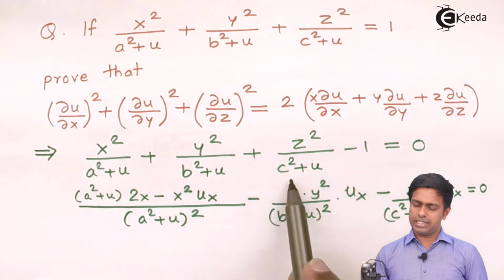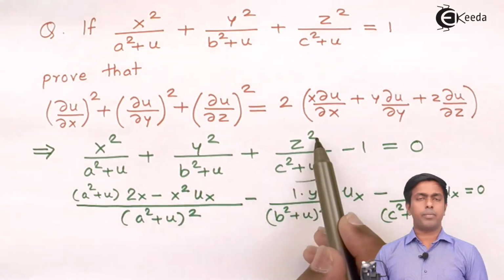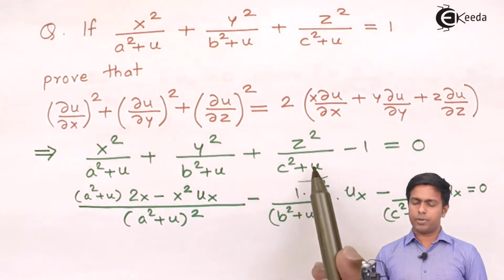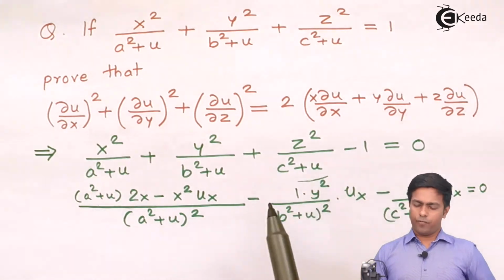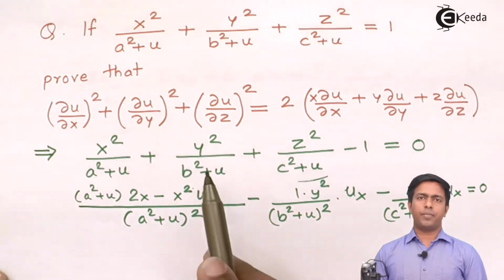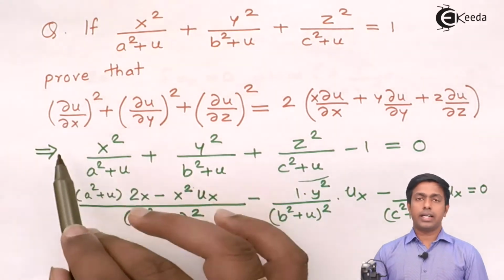Similarly, if I differentiate this term with respect to y, then z square will remain constant, and here we'll get the derivative as negative 1 upon c square plus u the whole square into uy, which is similar to this. And for the middle term, again you will apply the u upon v rule like this term. It means we are getting similar terms to those we got for del u by del x.